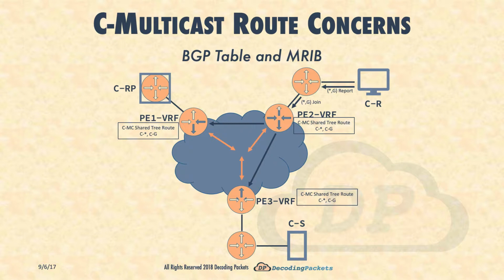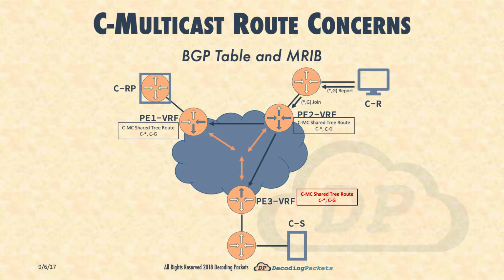All's good here. But for PE3, that route is useless, as it does not really have a way independent of PE1 to get that message to the C-RP. There's no backdoor here. So what would it do with the route? Well, without any further changes, the route would stay in PE3's BGP table endlessly, till maybe it is rescinded from PE2.